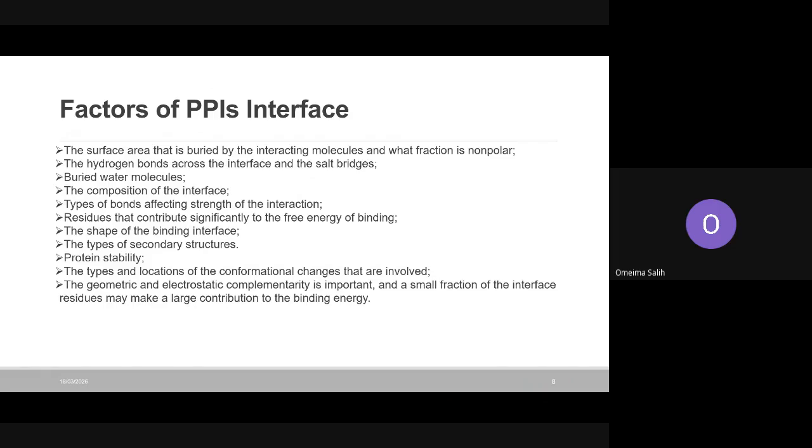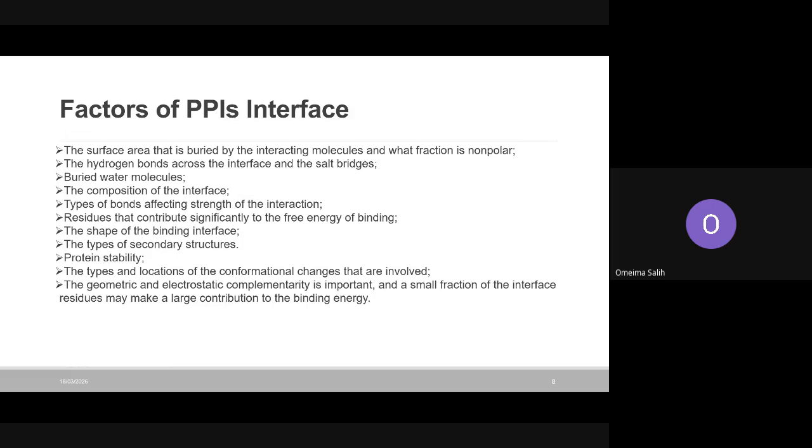So what are the factors of the protein-protein interaction interface? When we are defining an interface, we need to define the surface area that is buried by the interaction between these amino acids. And when we define this area, we need to define the fraction of non-polar residues that is part of this interface.